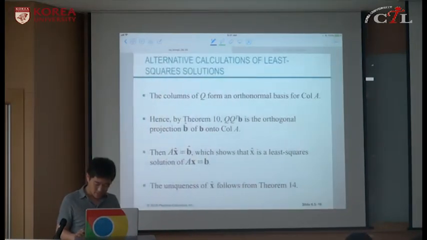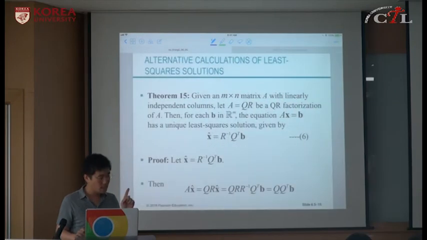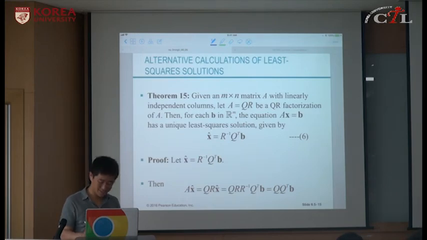Okay. And then let me just have one more minute. Okay. So let's relate it to the QR decomposition. So A has the QR factorization in this manner, and our least square solution can be conveniently represented as this.